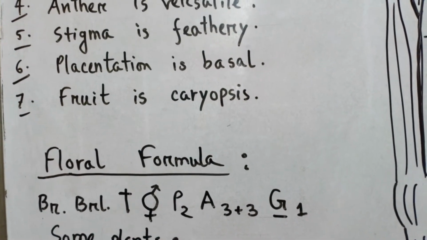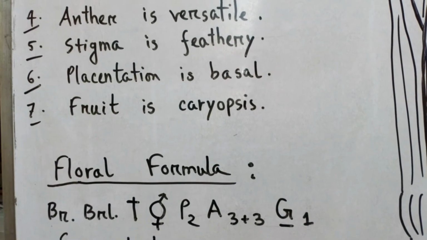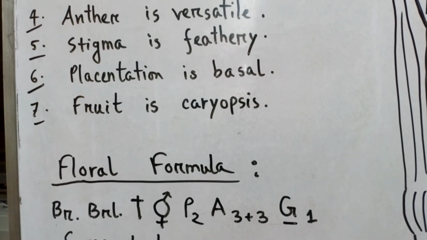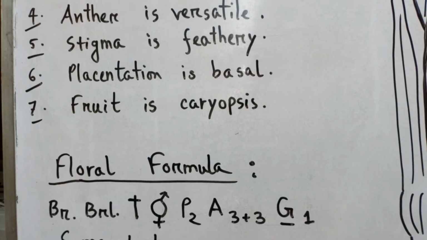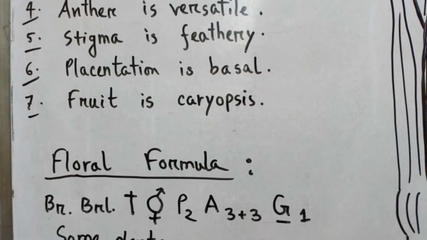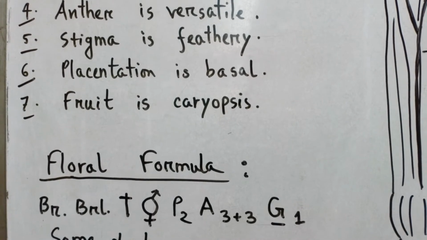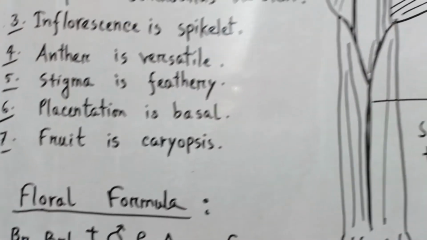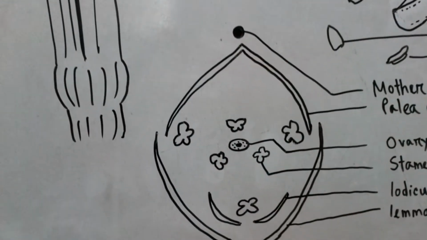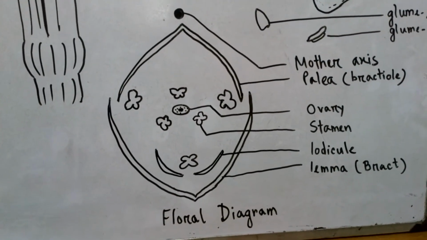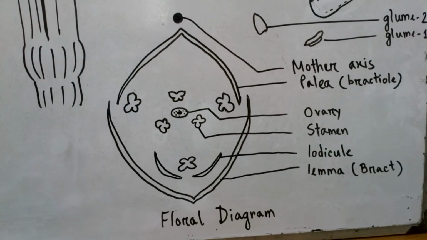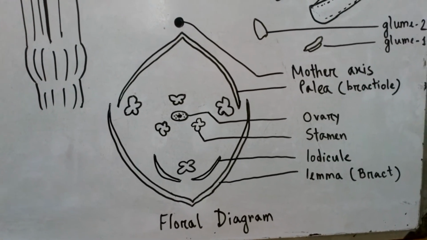In this way you have to explain this. You have to first write down the floral formula, then you have to explain what it indicates, what it means. Now we are going to know about floral diagram. So this is the floral diagram of the Poaceae family. I hope all of you remember what a floral diagram is.